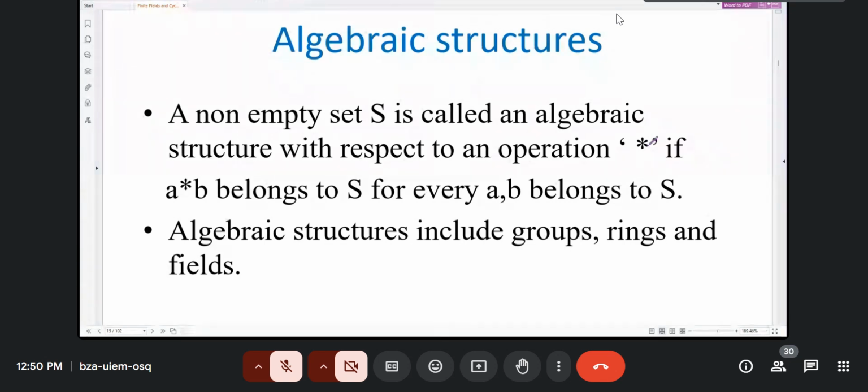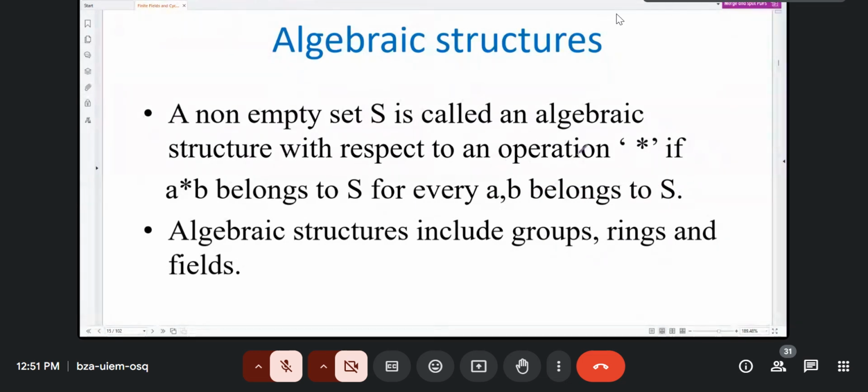So star is general, it just means that this can be addition, multiplication. So we use this star operation if A star B belongs to S for every A, B belongs to S.